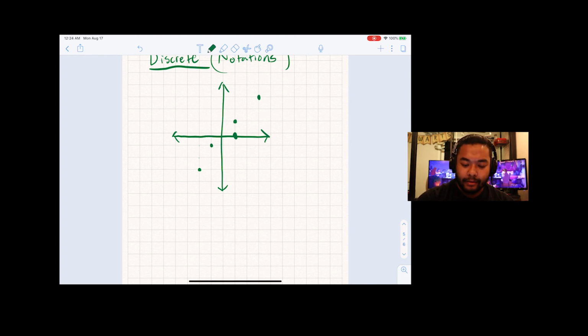Let's talk about our domain. Domain first. Okay, so in words, can we call this all real numbers? Is it continuous? No, it is in fact discrete. So we can't even say all real numbers. What we do say is, in words, the domain is just the values of x that are possible.